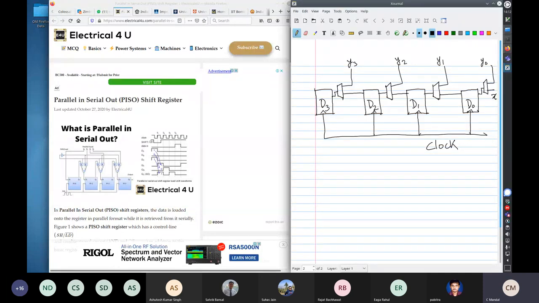This is your clock, and here again you have another control, serial or parallel. This one controls whether you will do serial loading. Let us say this is 0, this is 1. You already know how to use the multiplexer.